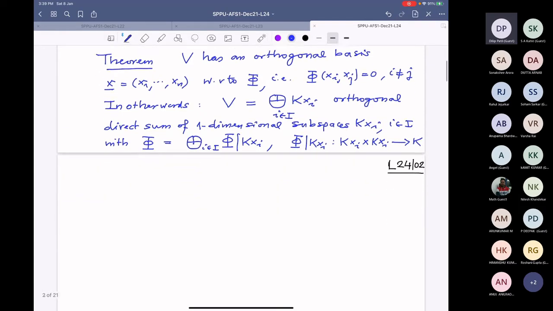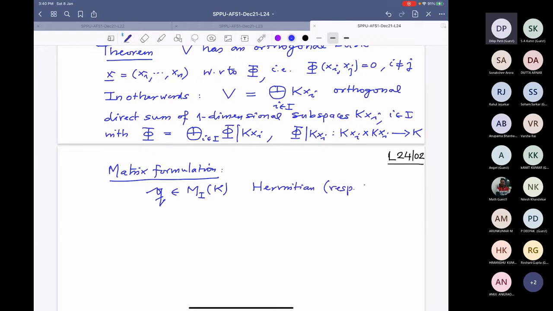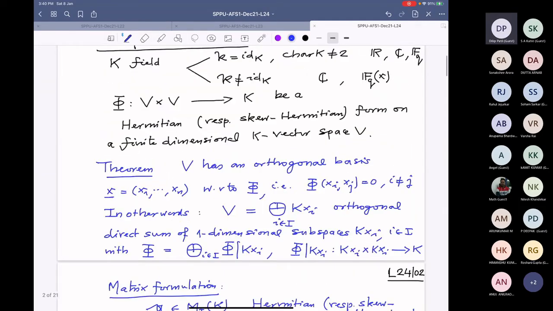This we can state also in a matrix formulation. That says, given a square matrix G which is Hermitian or Skew-Hermitian, then of course the same assumption holds throughout.